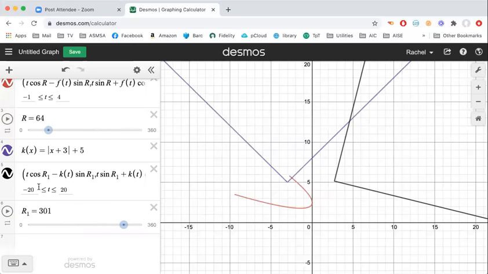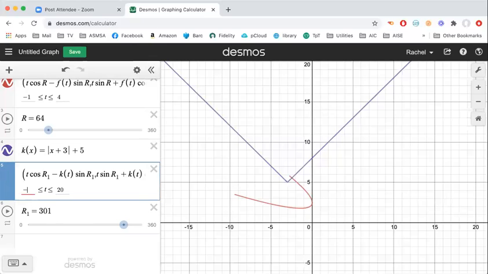Then I play with my t value to fix that domain to the piece that I need for my graph. Say that's the piece I need. Then turn this off, and that's what I'll have showing up on my graph. So that is the easiest way I have found to do parametric rotations on your function, on your Desmos project. I hope this helps.